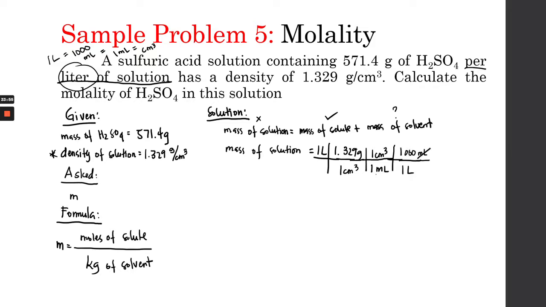So we can cancel the milliliter, the cubic centimeter, and the liters. What I basically have is to multiply 1.329 grams by 1000, and that would give us 1329 grams. So this is the mass of our solution.